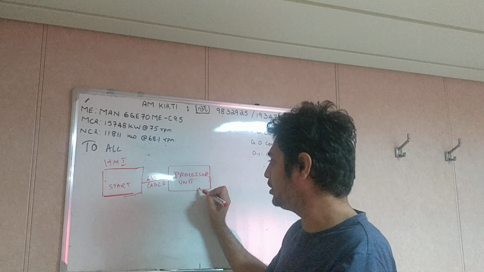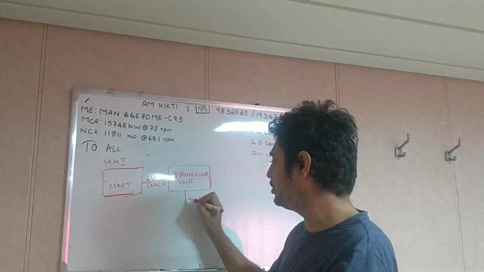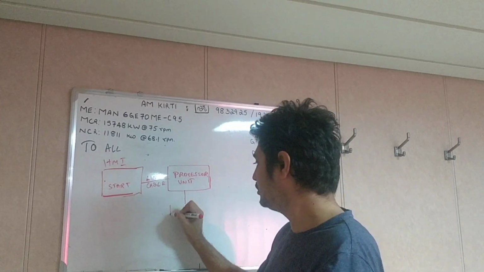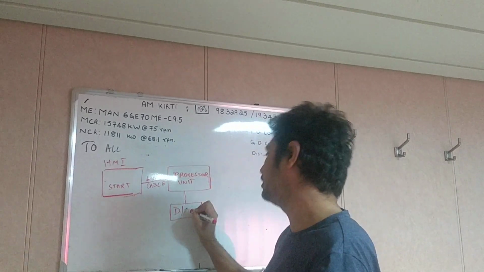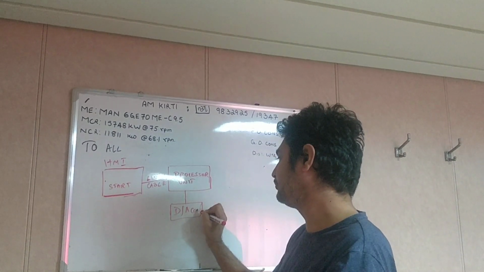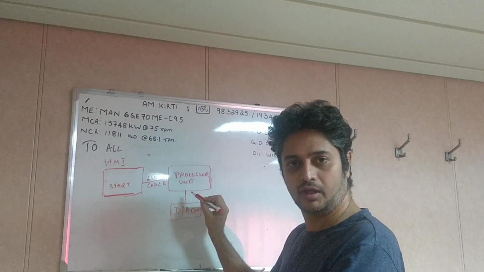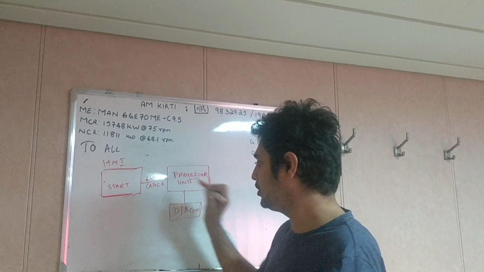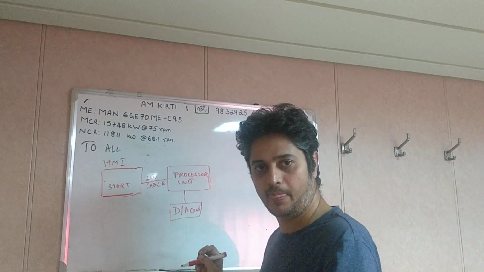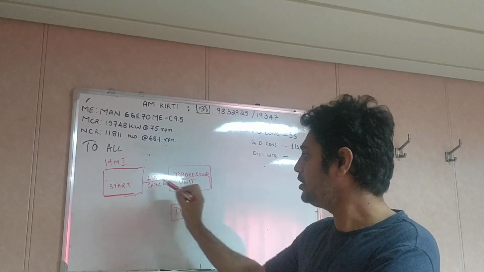This receives the signal, then this converts it, having a D to A converter. The processor unit senses that you have given a command. See, these are all digital signals.